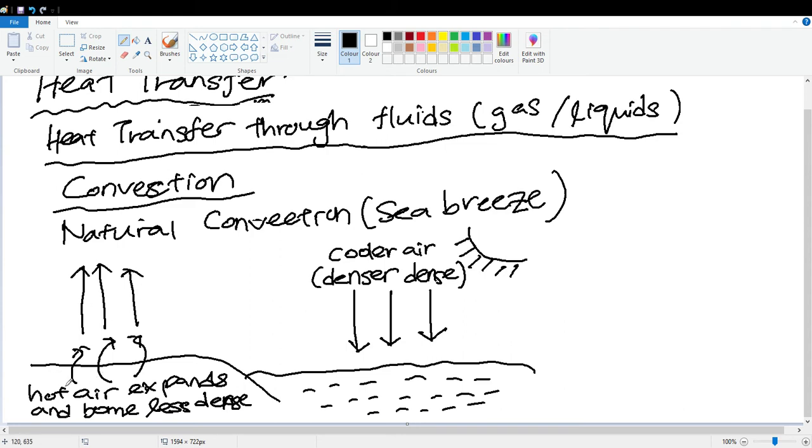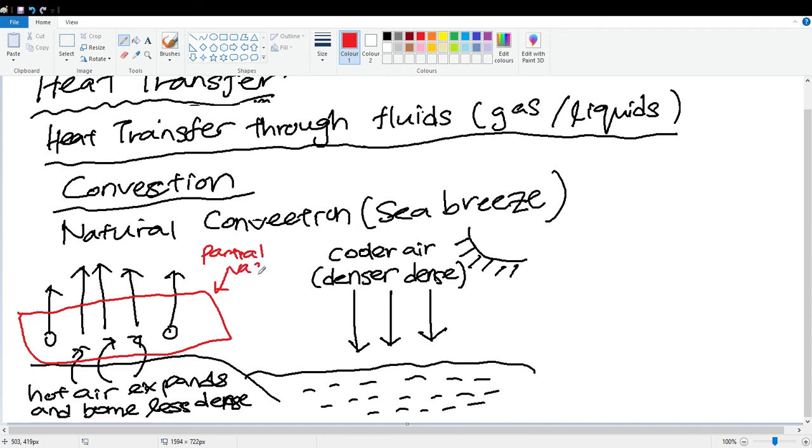This hot air, which is expanding and flowing outward to the sky, causes this region to become a partial vacuum. A partial vacuum means that there's little air inside this region, because the hot air expands and flows out into the sky.